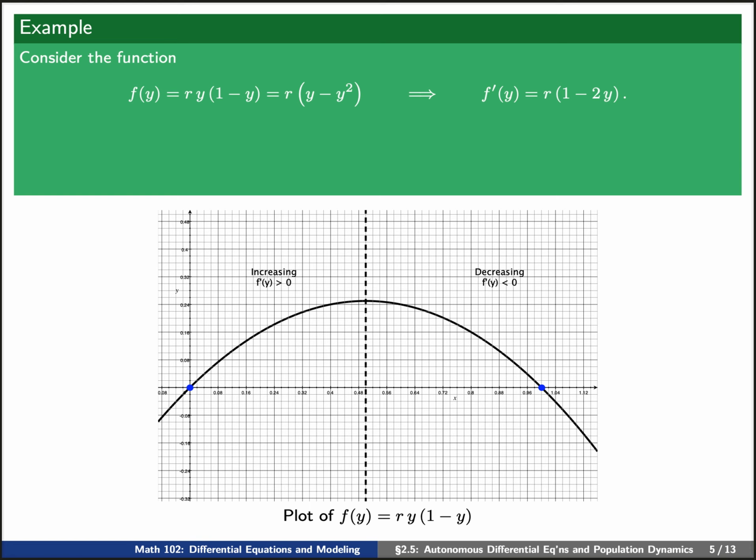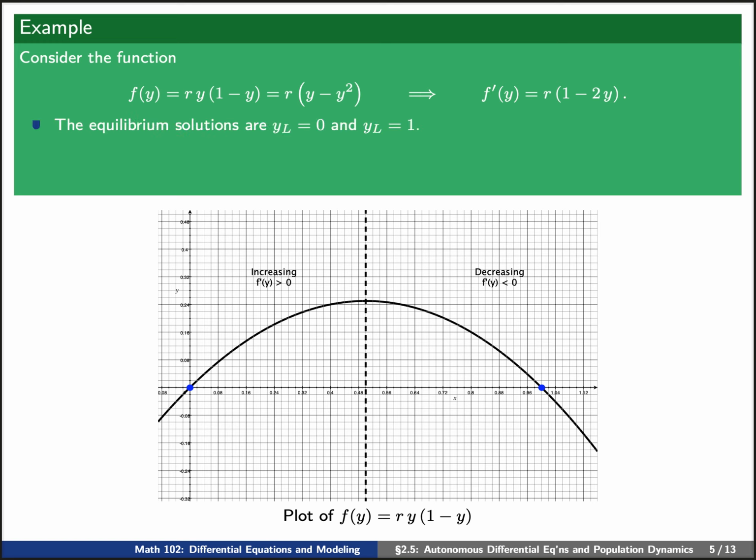On the other hand, when y is greater than 1/2, then f prime of y is negative, and therefore we have a decreasing function.